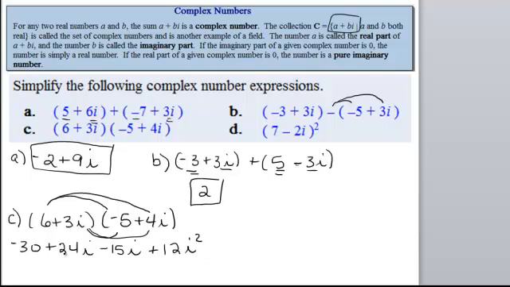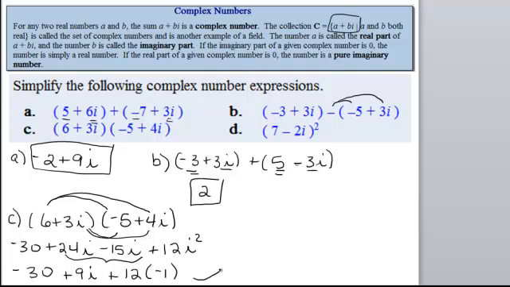Let's combine like terms. That would be these two. So we have negative 30. 24 minus 15 is what? 9. And then, what is i squared again? Do you remember from the previous page? i squared is really a negative 1.